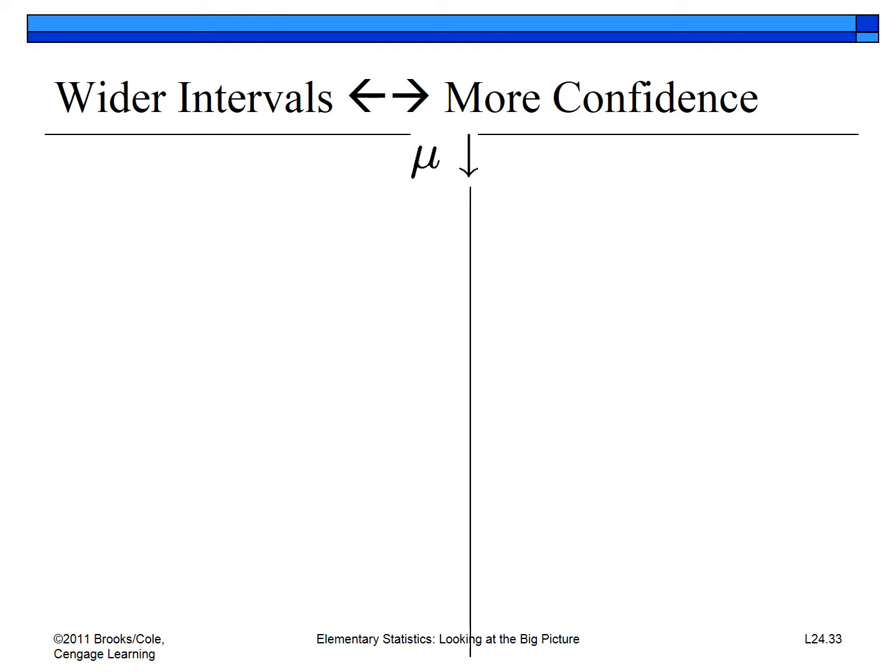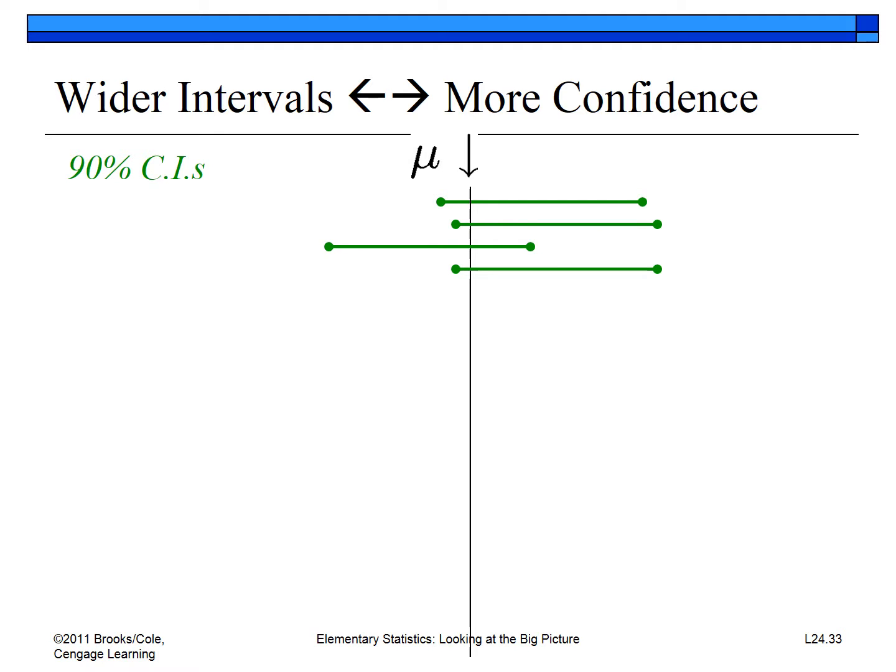What we're about to do is simulate choosing a bunch of different samples, 20 of them in fact, and we will construct the corresponding confidence intervals, and we'll see how we do at capturing mu inside the interval. Let's start with 90% confidence intervals.